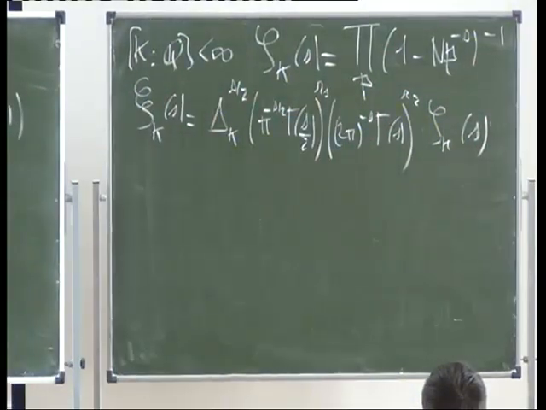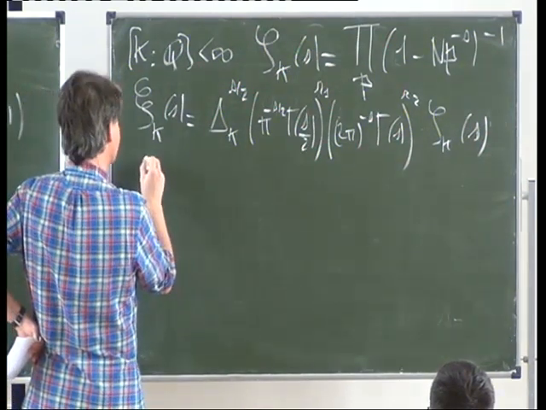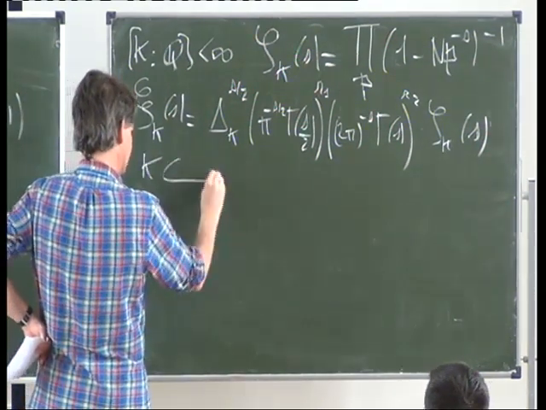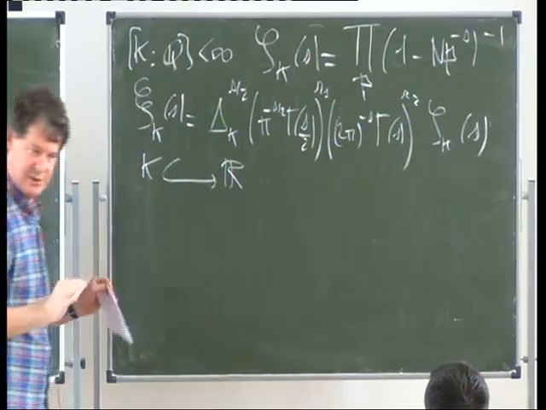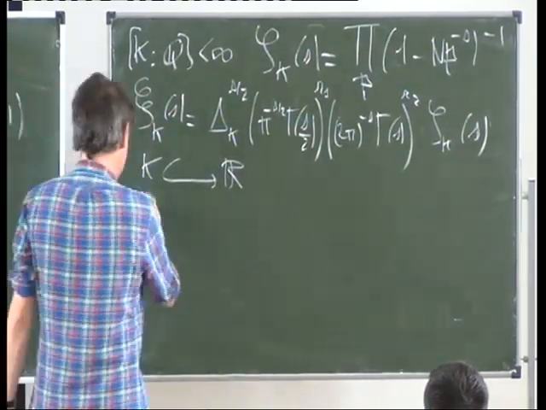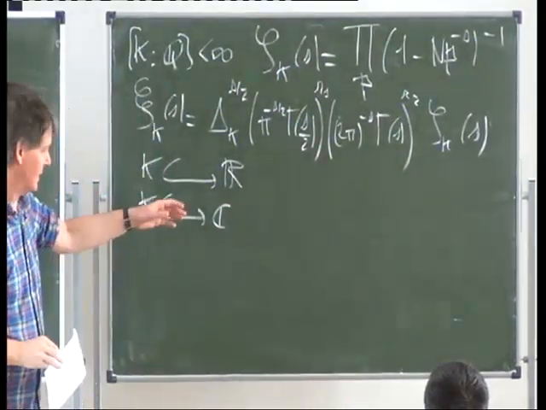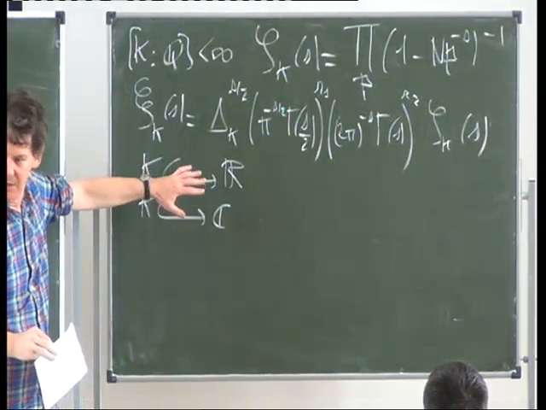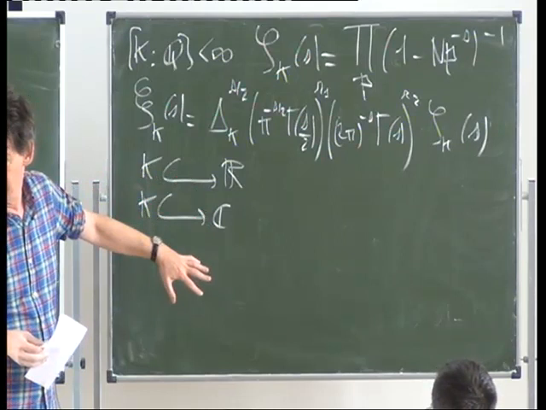So R1 and R2, are you all familiar with this notation? It's a number. When you have a number field, you can embed it into R sometimes, or sometimes you can only embed it into C. And then if you can embed it into C and not into R, you have the embeddings come by pair.